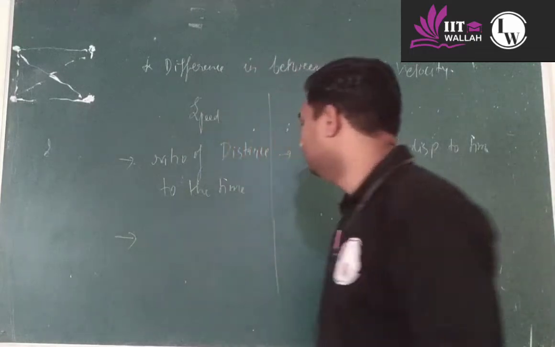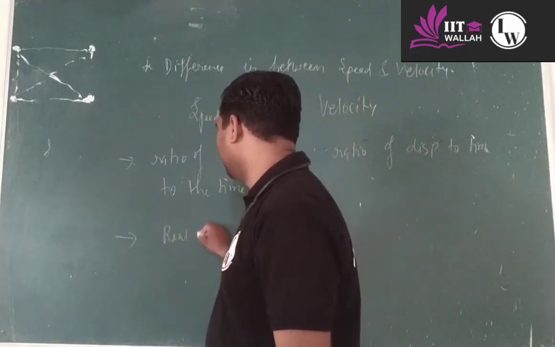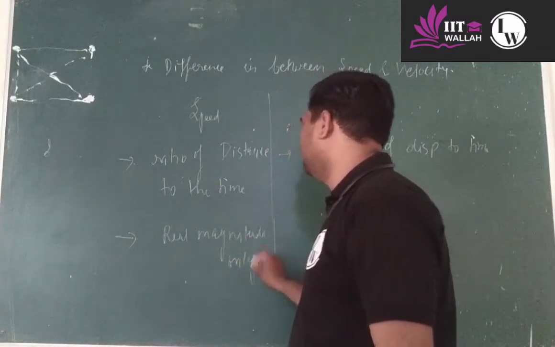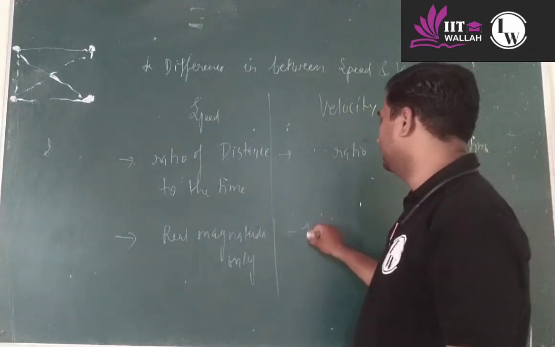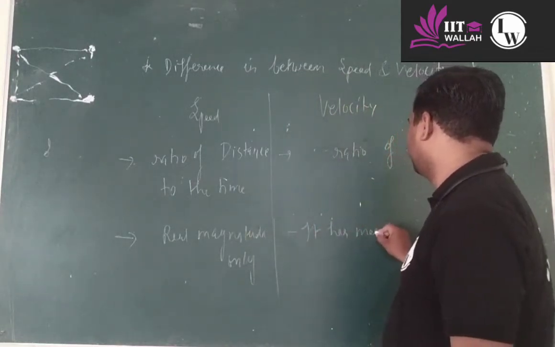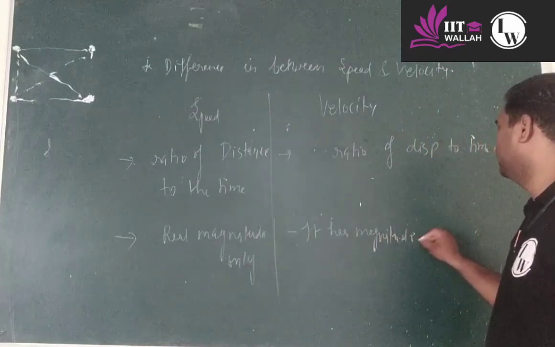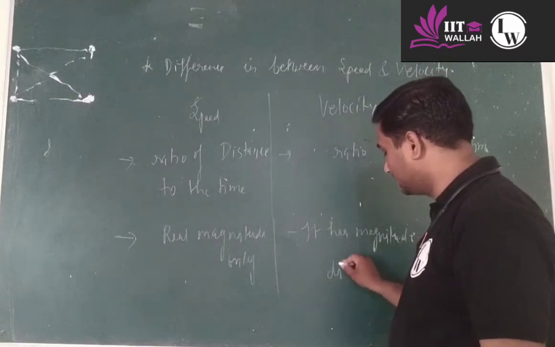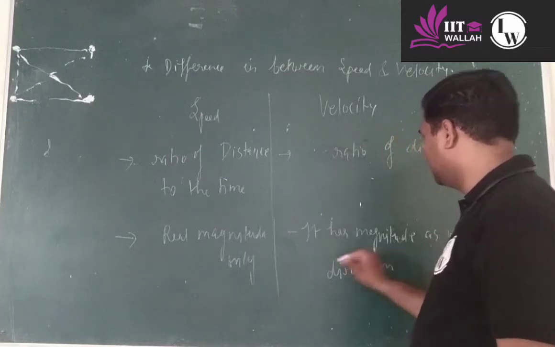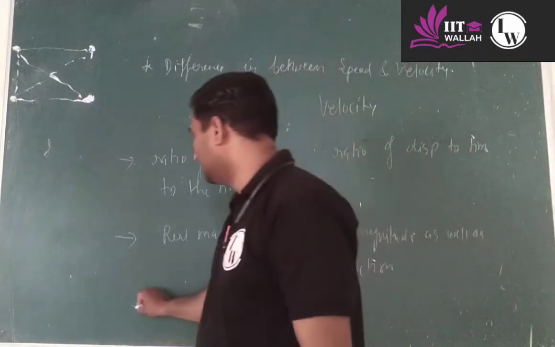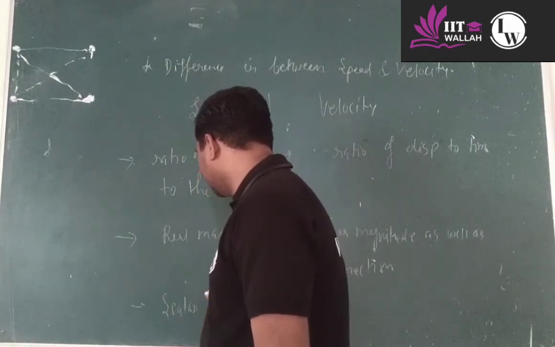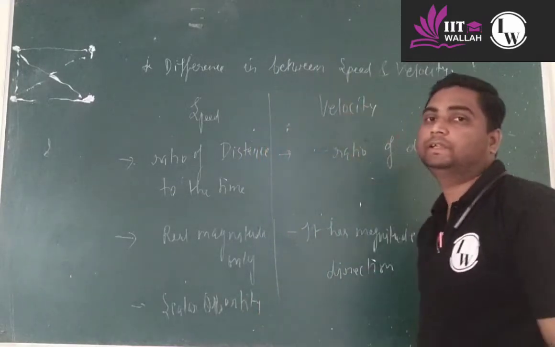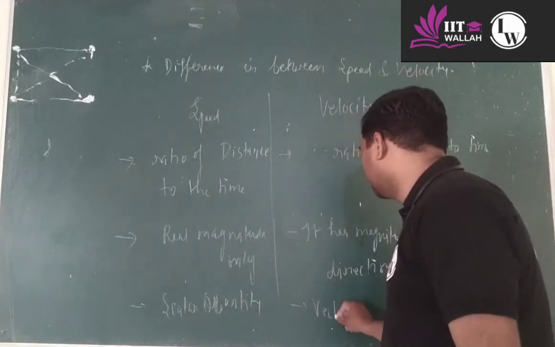Now you can write: speed has real magnitude only, and velocity has magnitude as well as direction. Speed is a scalar quantity and velocity is a vector quantity.